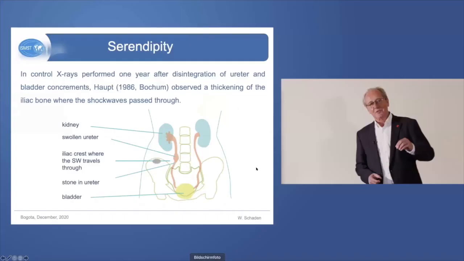What I learned last week by chance, because I watched the video which Wolfgang Schaden prepared for the 20th anniversary of the Colombian Shockwave Society, OCC, which will be broadcast in 2 weeks, is that the observation from a urologist that shockwaves could help bones was made by Gerald Haupt in 1986.